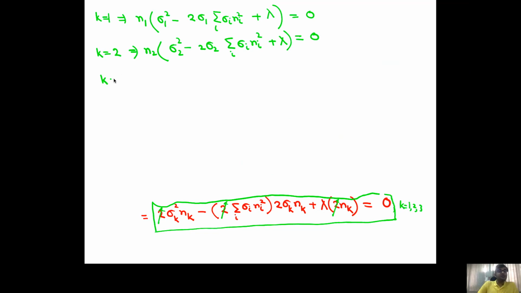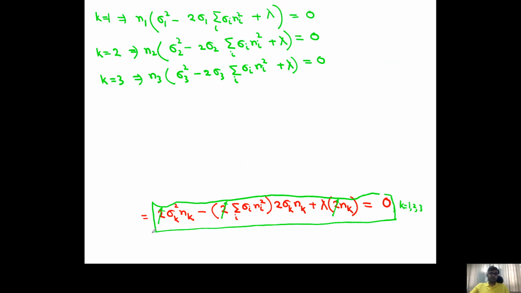Then I'm going to take k equal to 3, and this is going to give me n3 sigma 3 square minus 2 sigma 3 summation I sigma I ni square plus lambda is equal to 0.